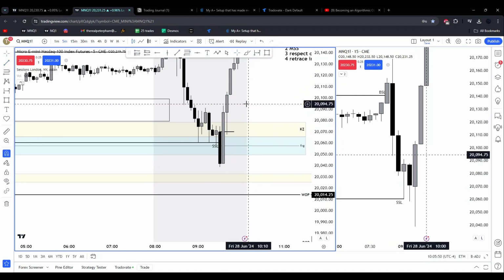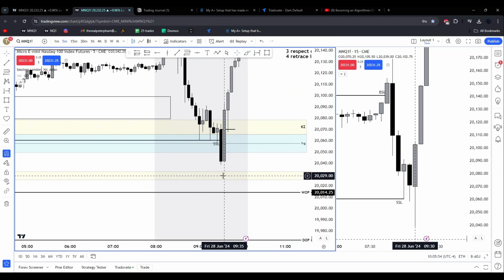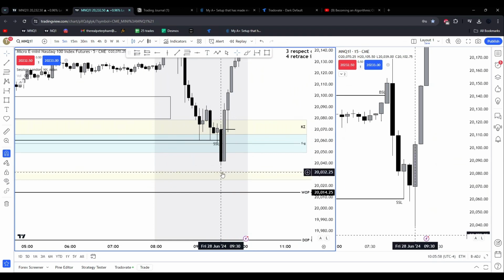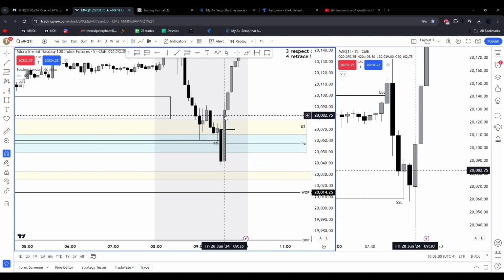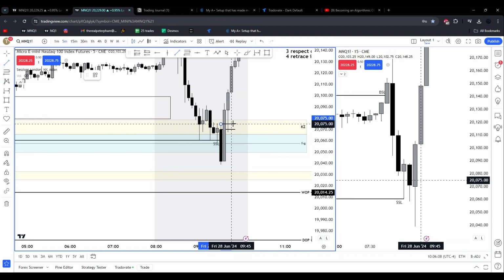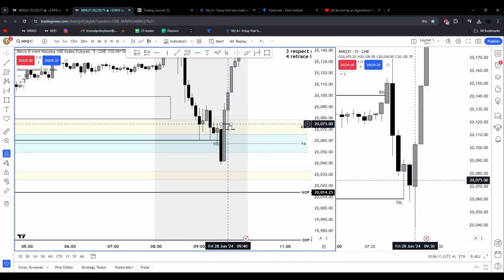And essentially a bullish order block is a bearish candle, a down close candle, followed by a large up close candle, an engulfing candle. But many people believe that the order block you have to draw at the wick. Sometimes it does go there and it respects it, but a lot of times it doesn't.